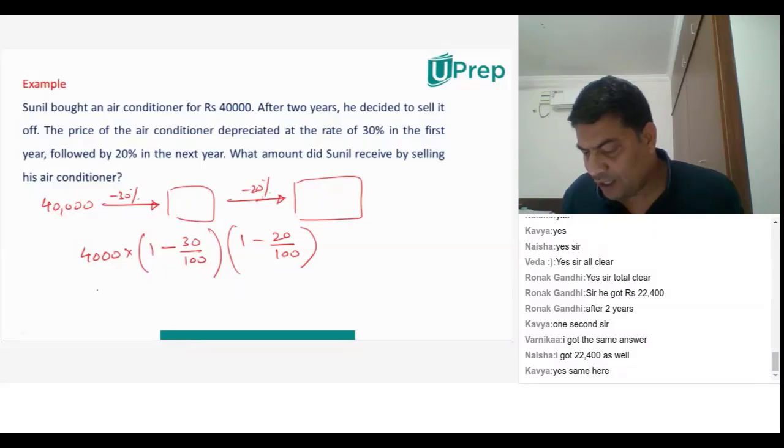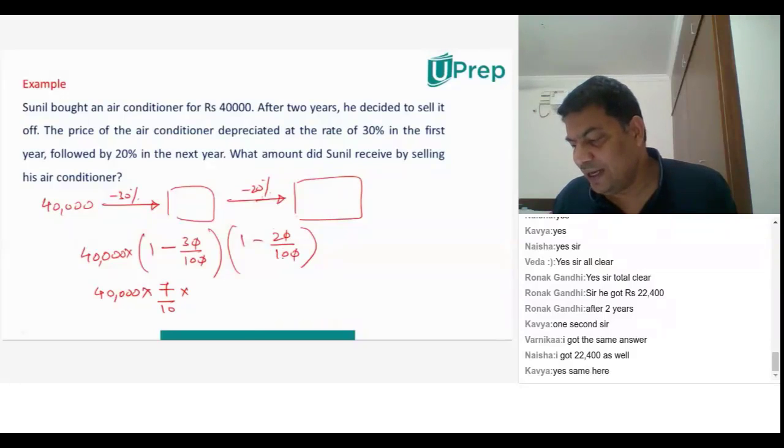So that is nothing but 40,000 multiplied by (1 minus 30 by 100), which is 1 minus 3 by 10, that is 10 minus 3 is 7. So that is 7 by 10 multiplied by (1 minus 2 by 10), which is 8 by 10 or 4 by 5.